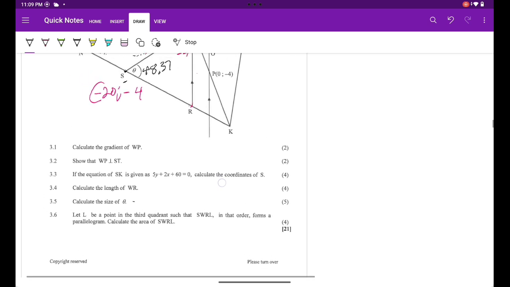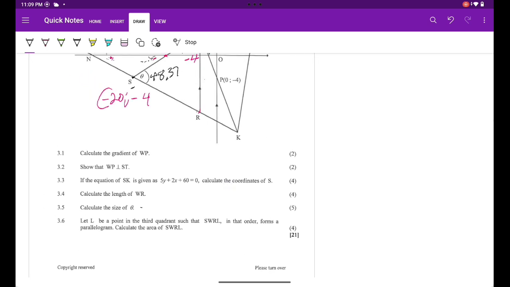Okay, question 3.6. Let L be a point in the third quadrant such that SWRL, in that order, form a parallelogram. Calculate the area of SWRL.